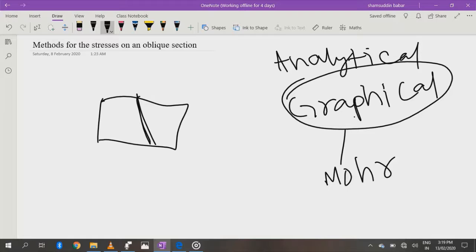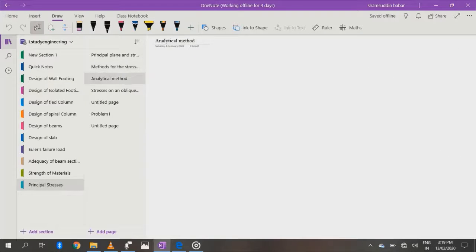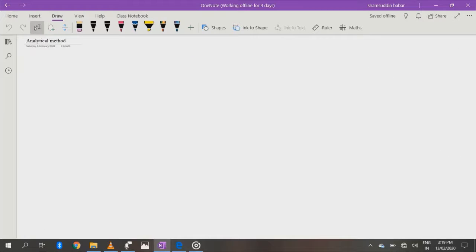Both of these methods will be covered in this lecture series. Initially we will study the analytical method. In both analytical and graphical methods there are a total of 5 cases, but in the analytical method we are only going to learn one case, because the other cases will be self-explanatory from this one case.